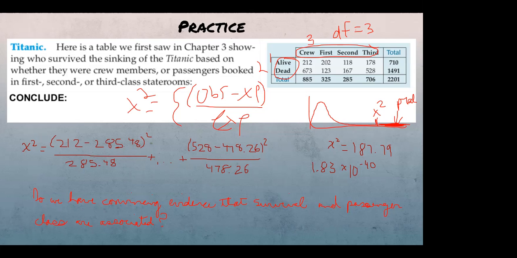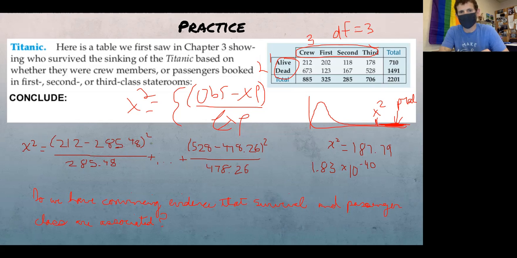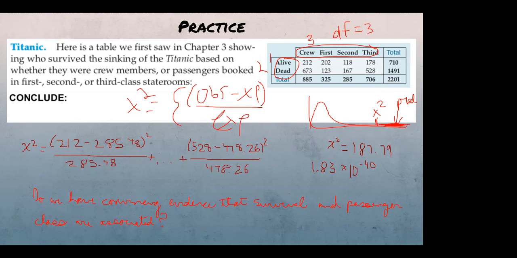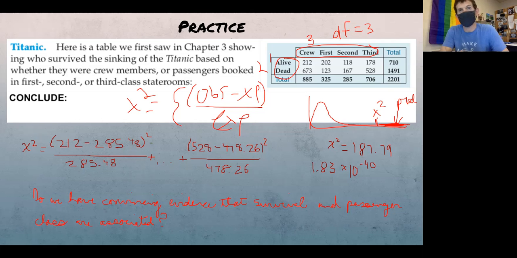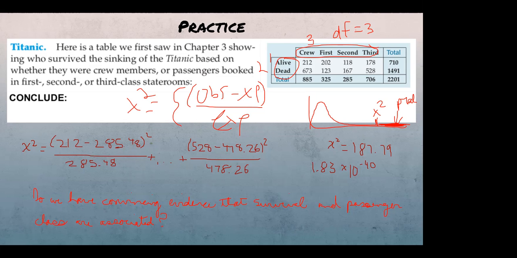Because our p-value is less than the significance level of 0.05, we reject the null hypothesis, and our null was, would it be they aren't independent of each other? The null is that there is no association, meaning they are independent. Okay, so they aren't independent and there is an association.